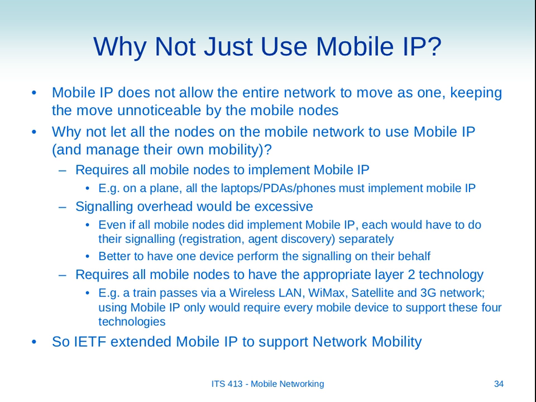As the train moves, the mobile router registers with the foreign agent and then to its home agent. As it moves, only the mobile router registers. That is, the individual nodes do not need to be involved with the mobility. They don't care that they're moving. It's only the mobile router that handles or manages the mobility.